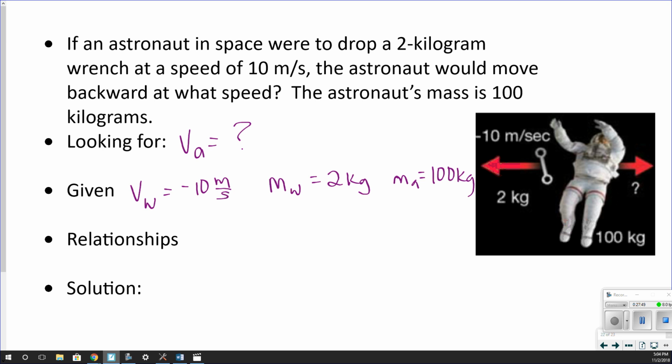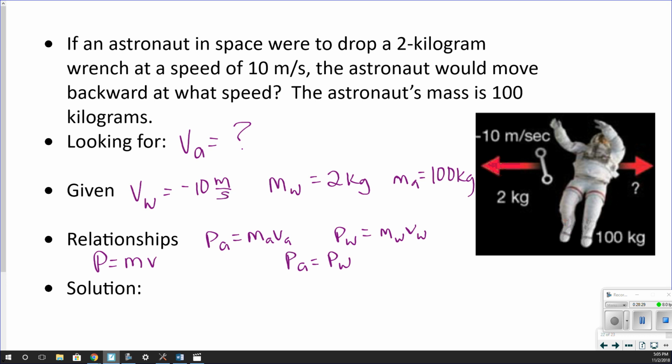Well, we're going to be using the equation for momentum equals mass times velocity. We take the momentum of our astronaut equals the mass of our astronaut times the velocity of our astronaut, and the momentum of our wrench equals the mass of our wrench times the velocity of the wrench. Because we have equal but opposite reactions, I can set the momentum of my astronaut equal to the momentum of my wrench.